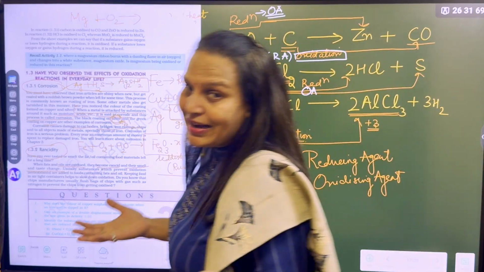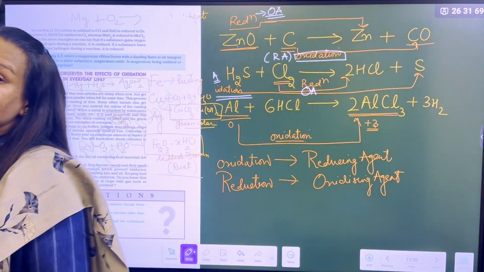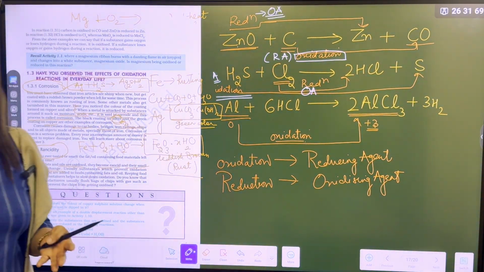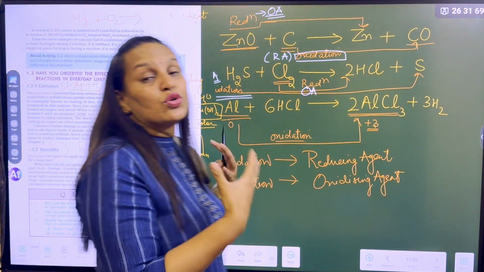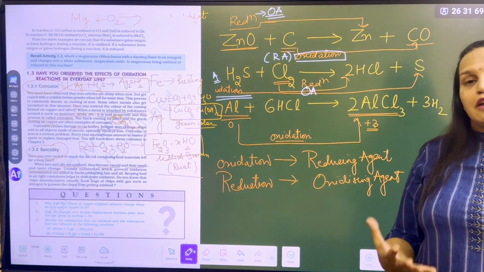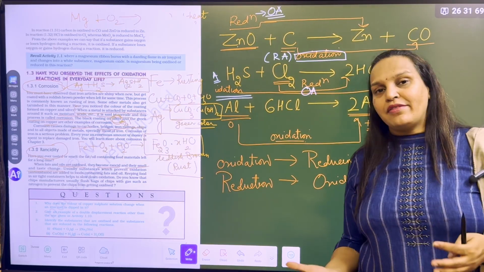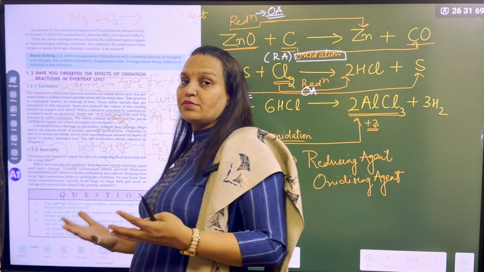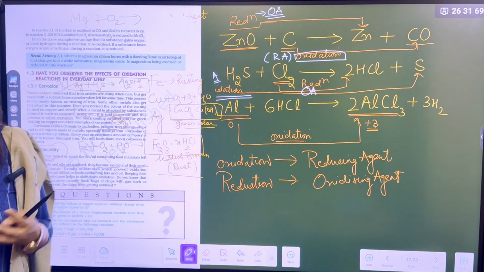Why? Because we don't add any preservative. But when you buy the Lay's or the Uncle chips or so many chips, Kurkure and Nachos, why are they so crispy and fresh? Why don't they get rancid? They are also 6 months old, 4 months old, because they are preserved.